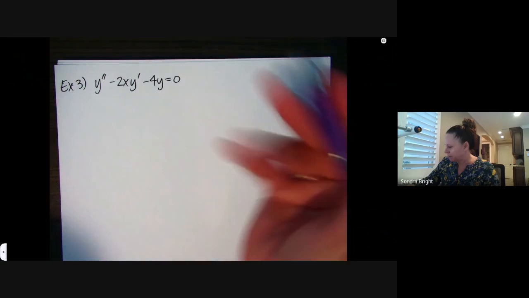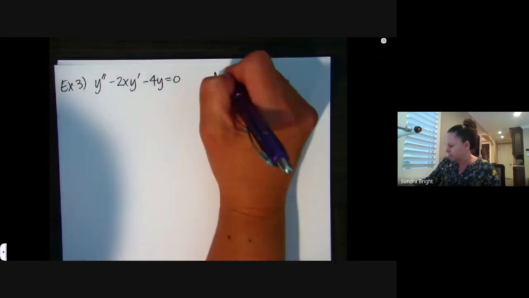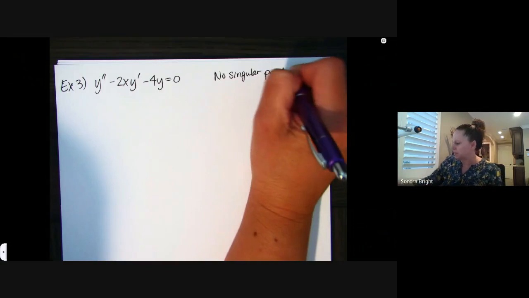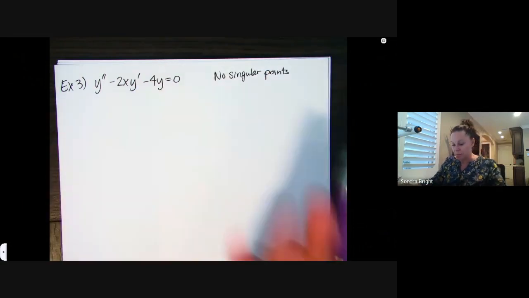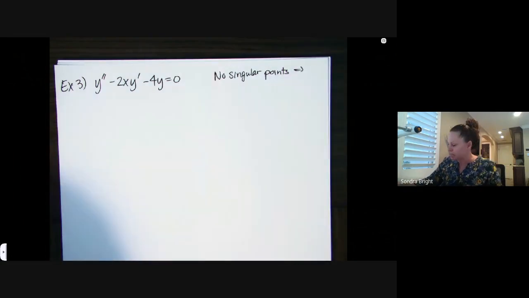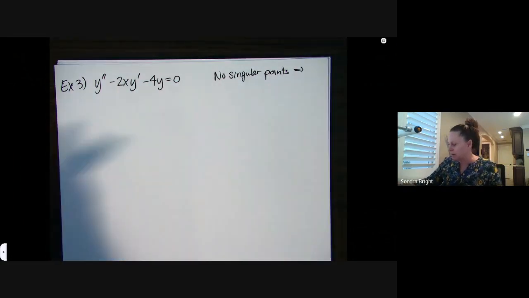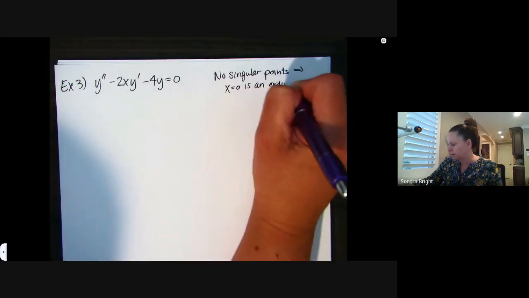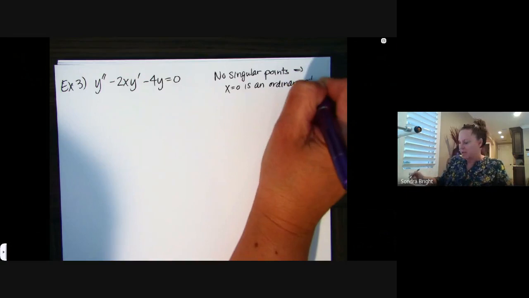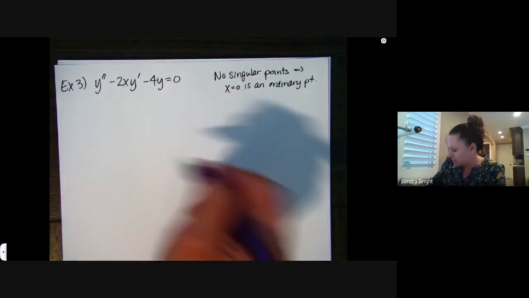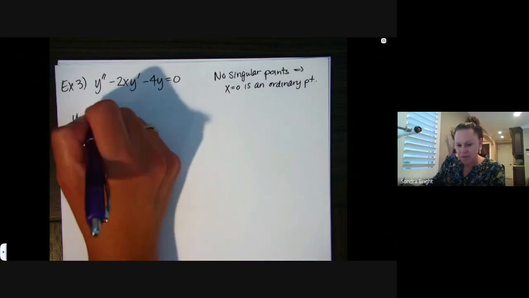No singular points because there aren't any divisions by 0. And so they want us to find the power series centered at 0, and so x equals 0 is an ordinary point.